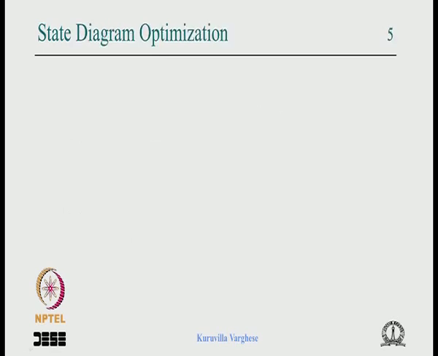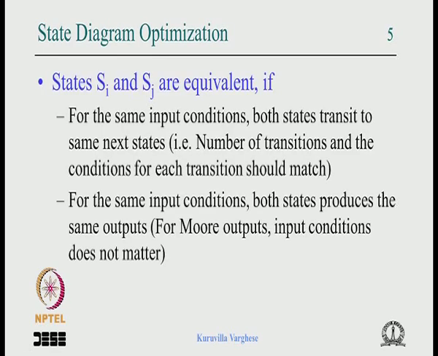When you have a state diagram, there could be equivalent states, and if there are multiple equivalent states you can retain one and remove all the others because they are redundant. An equivalent state produces the same output under the same input condition. For Mealy kind of output, for Moore it is only the state that matters.